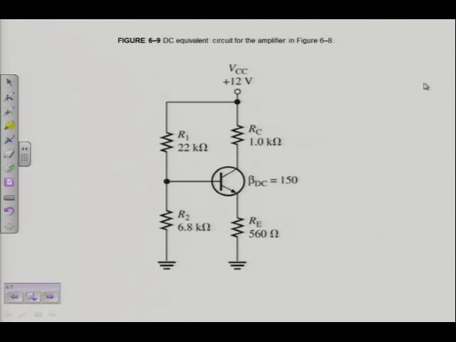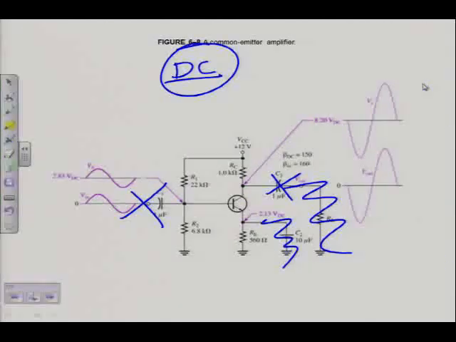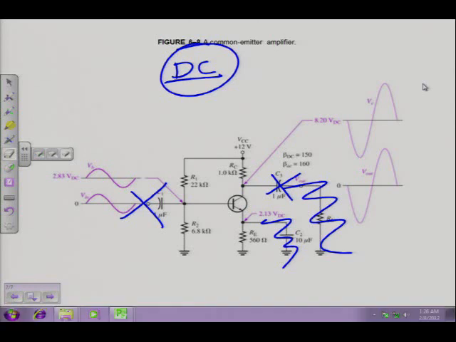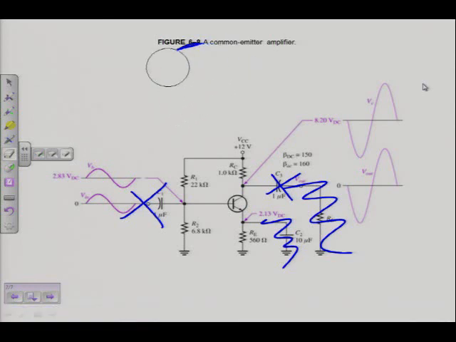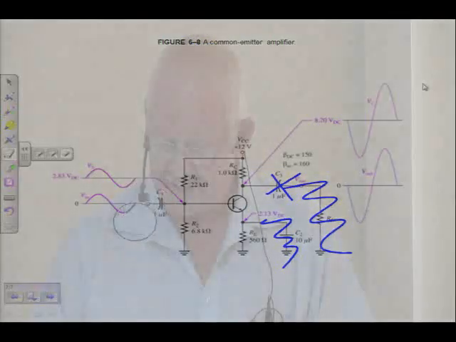Simple. All right. Now the next section that we're going to do is the AC analysis. This is something new that you haven't discussed before. Let's do the AC analysis. For the AC analysis, I already know about the capacitors.